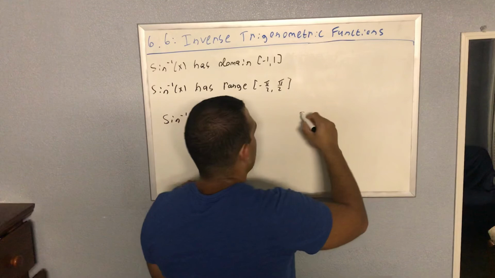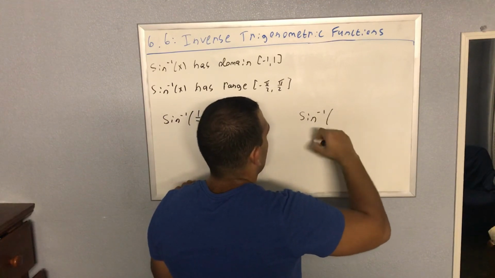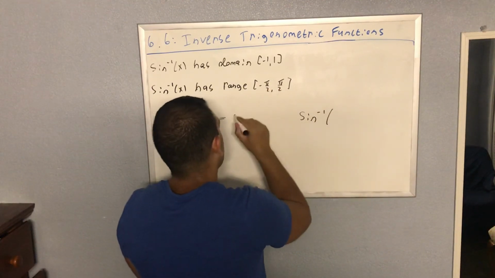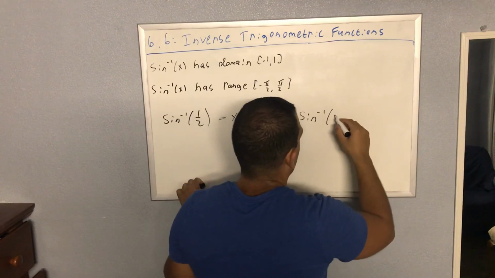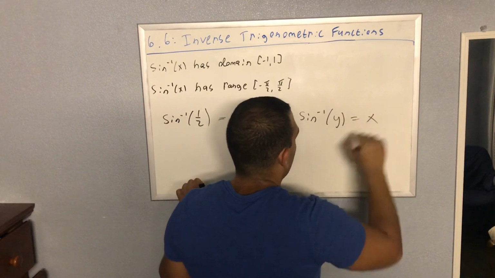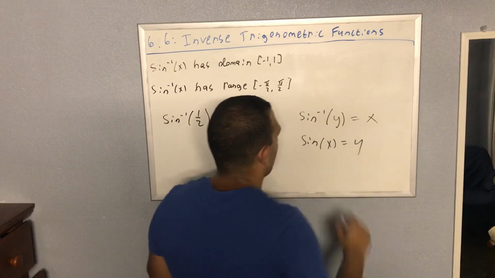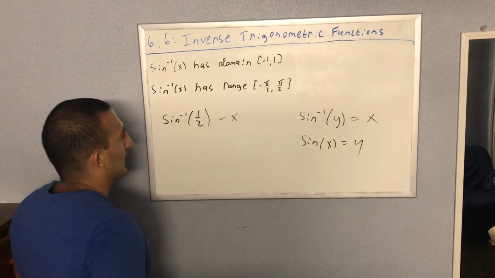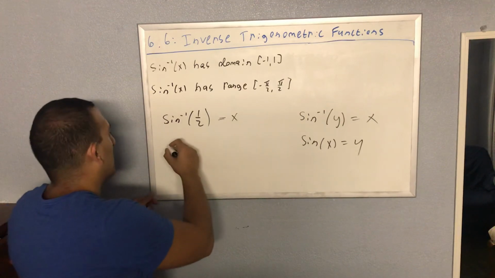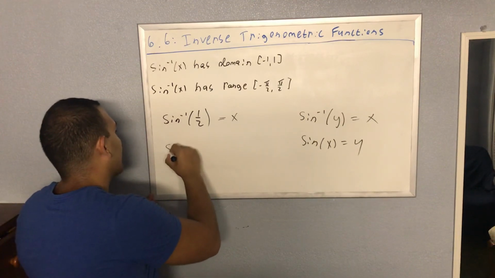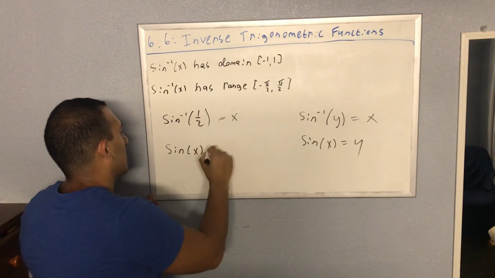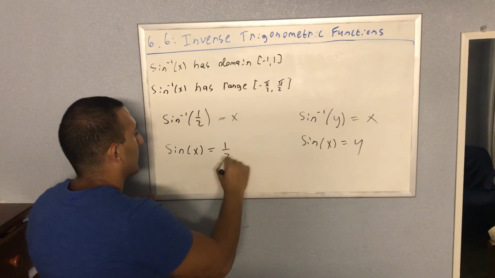And remember, we said that if sine inverse of y equals x, that meant that sine of x equals y. So from this statement, we know that sine of x should be equal to 1/2.